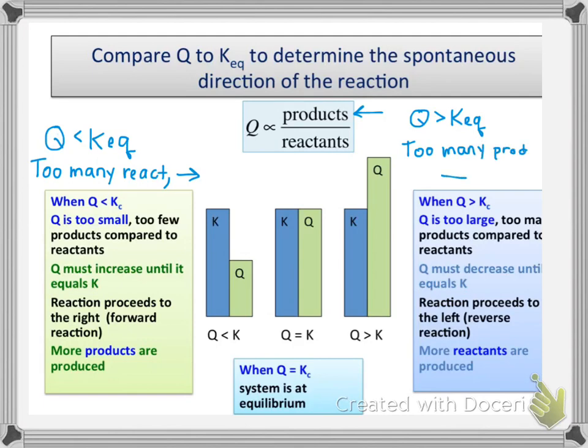And so the reaction is going to proceed in the reverse direction toward reactants so that it can use up some of those products, make more reactants, and get to the desired place, which is when KEQ is equal to Q. So when they're the same, that means we're at equilibrium, and the reaction's not going to shift anymore. It's just going to continue to hang out there in its happy valley of equilibrium.